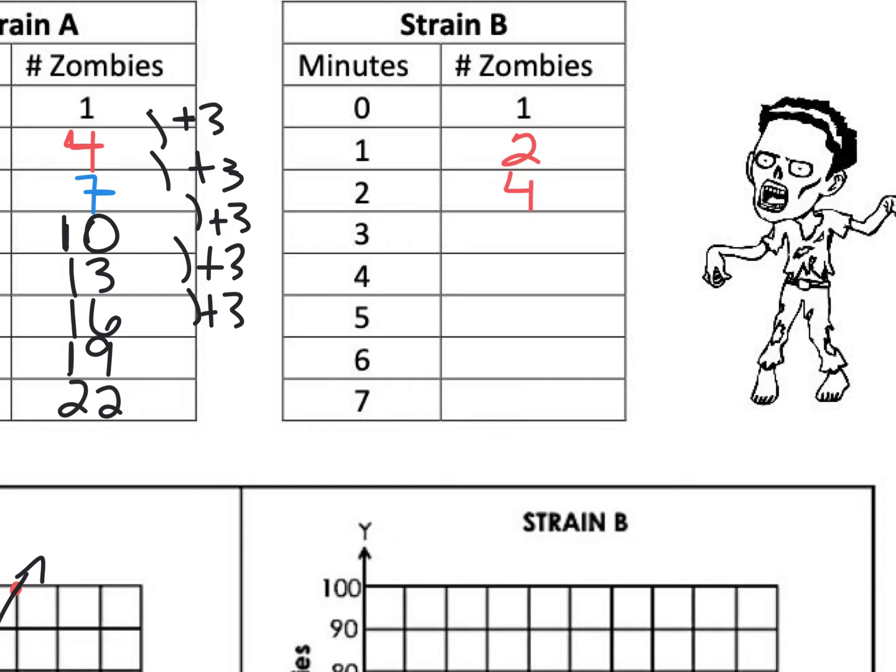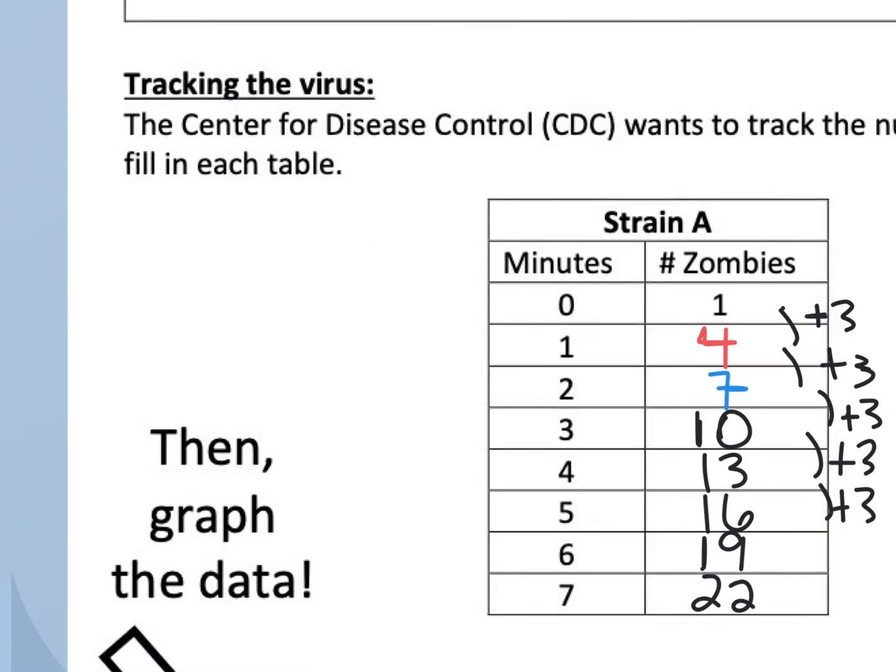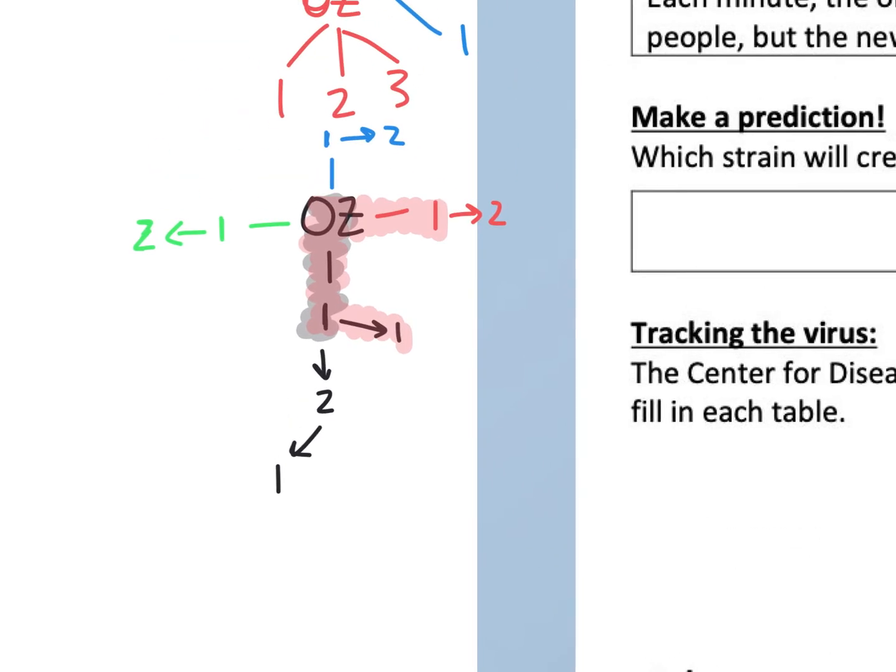Do you want to look at the picture one more time? Do you think it's 6 or 8? Let's look at that picture. I'm going to use a different color on the highlighter. Here's original, so 1 minute, 2 minutes, 3 minutes, and then the original zombie infected another person.